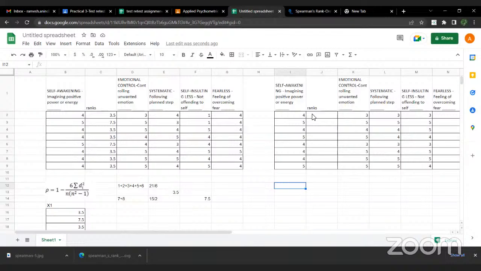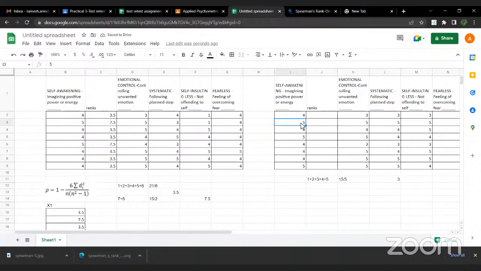For 4, again we're going to do the same thing: 1 plus 2 plus 3 plus 4 plus 5. This is going to give us a total of 15. 15 divided by 5, so the rank assigned for 4 is 3.